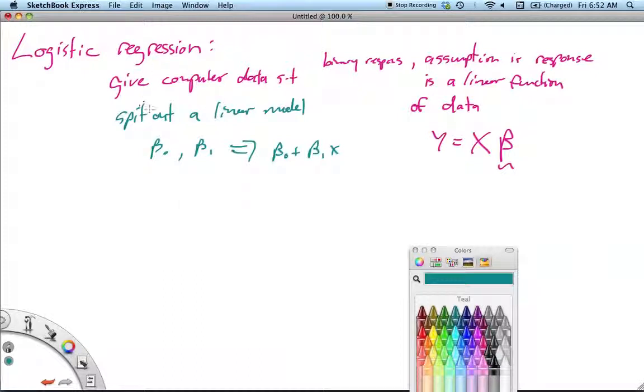But there's more going on here. This logistic regression does not model the output of the response directly.